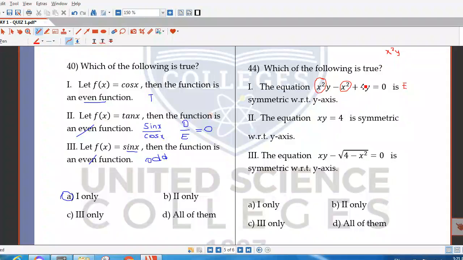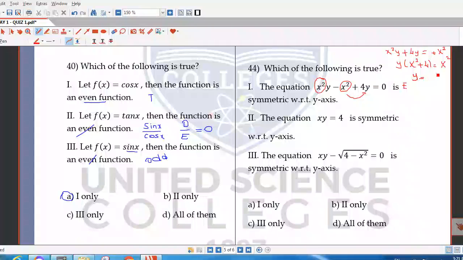X squared y plus 4y is equal to negative x squared. You may take y as a common factor, so x squared plus 4 is equal to, sorry, it was negative, so it becomes positive, x squared.